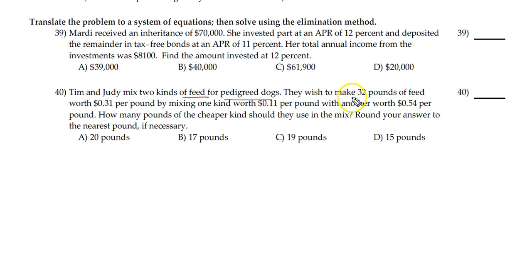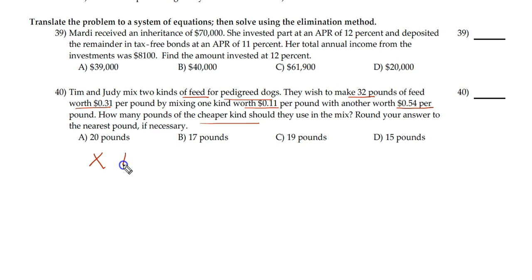They wish to make 32 pounds of feed that's worth this per pound by mixing a less expensive with a more expensive. How many pounds of the cheaper kind should they mix? Round your answer to the nearest pound if necessary. Okay, pause, read it again, see if you can come up with your equations.